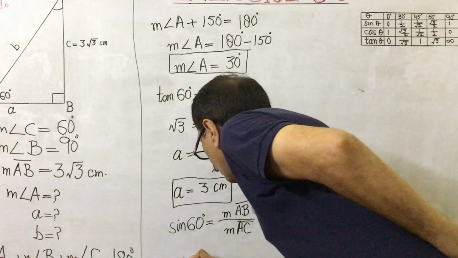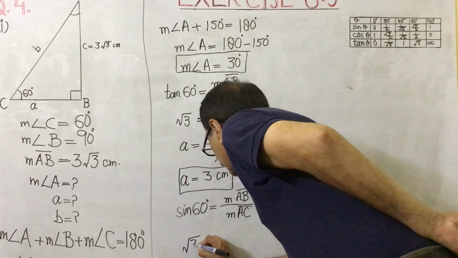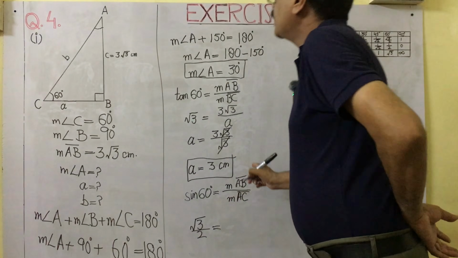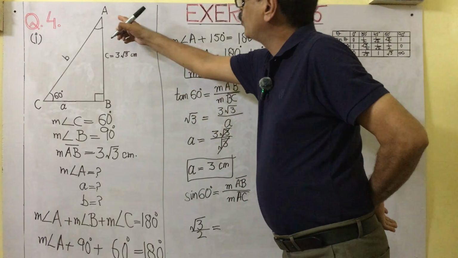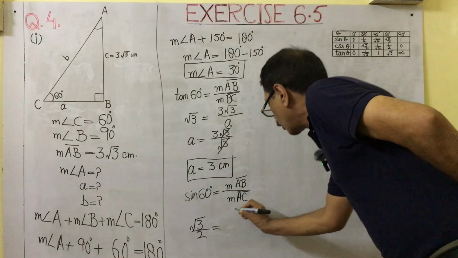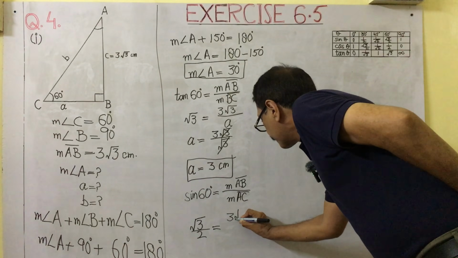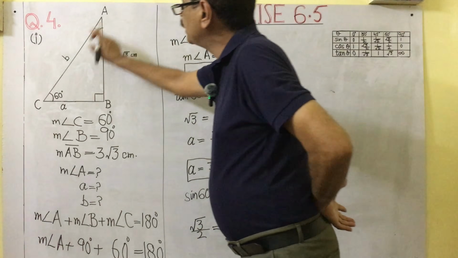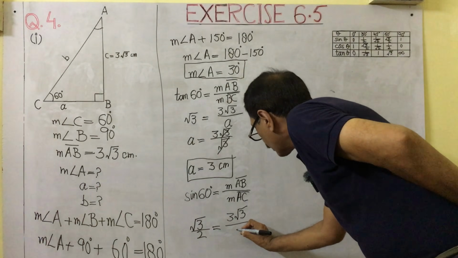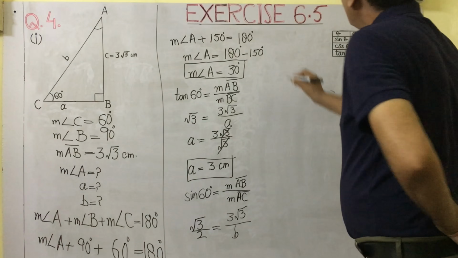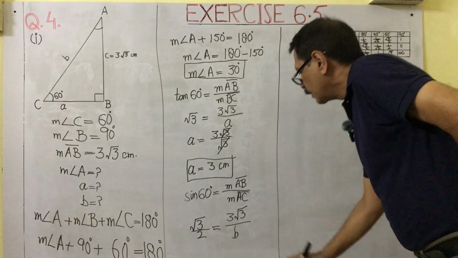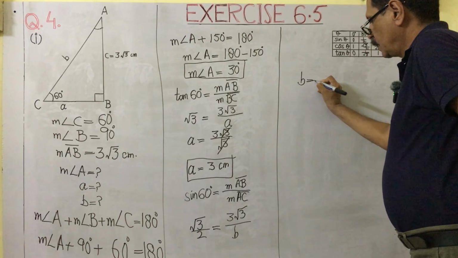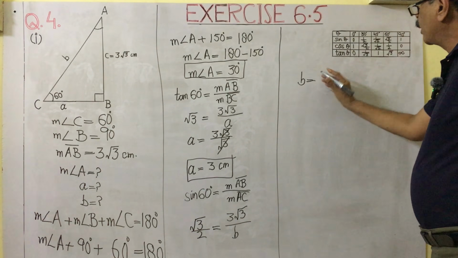So putting the value, square root of 3 by 2 is equal to AB, which is 3 into square root of 3, over AC. AC is b.